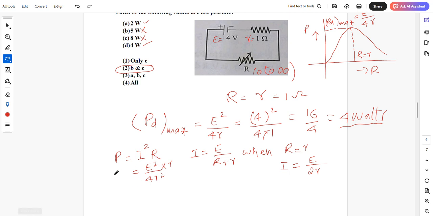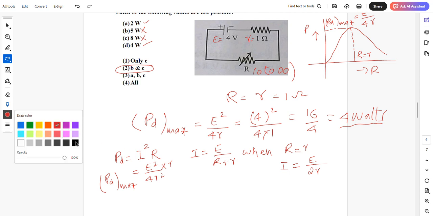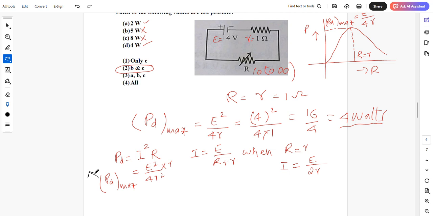Maximum power is dissipated when capital R is equal to small r, when load resistance is equal to source resistance. So E square by 4R. This is PD max.